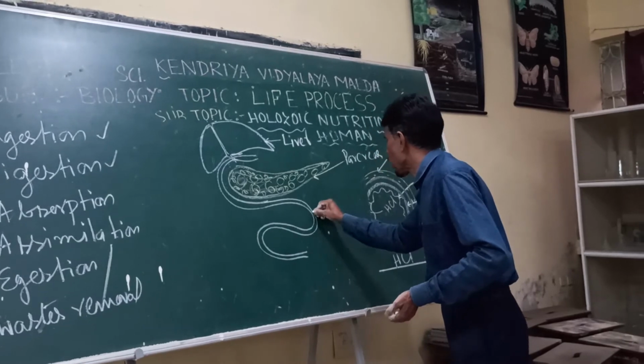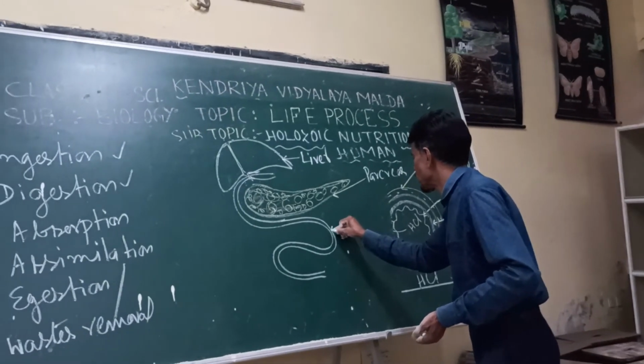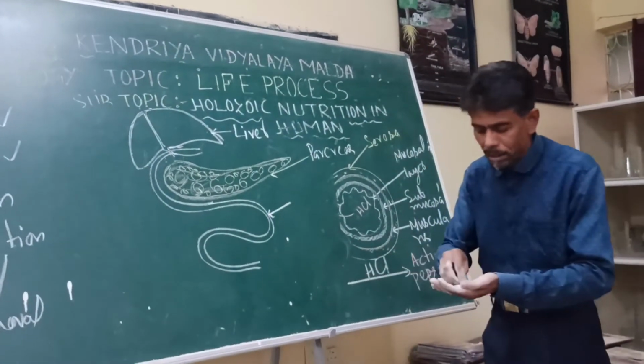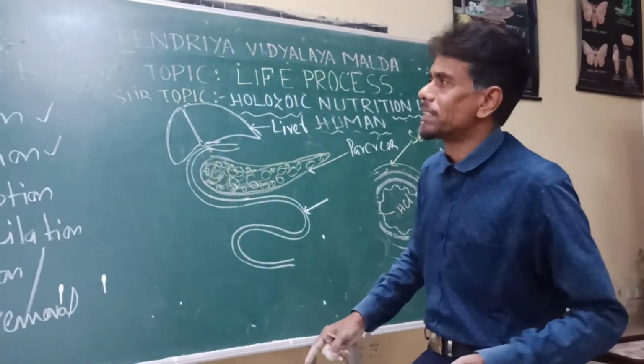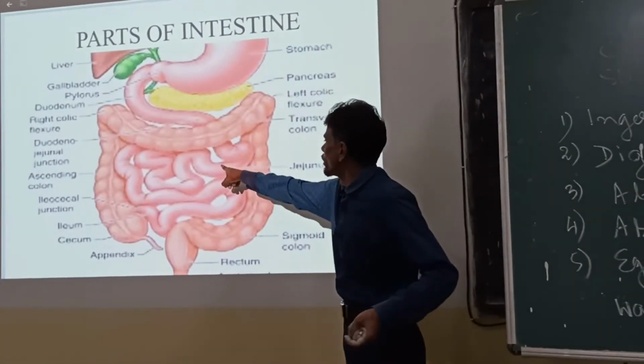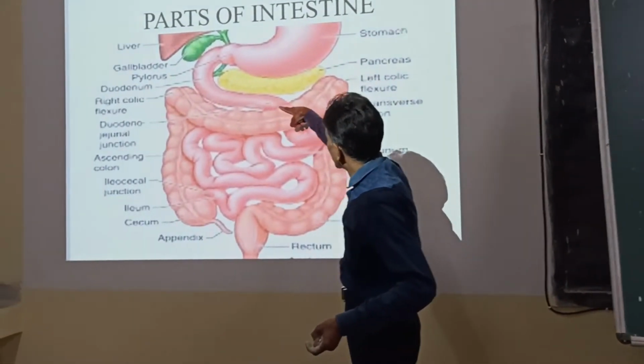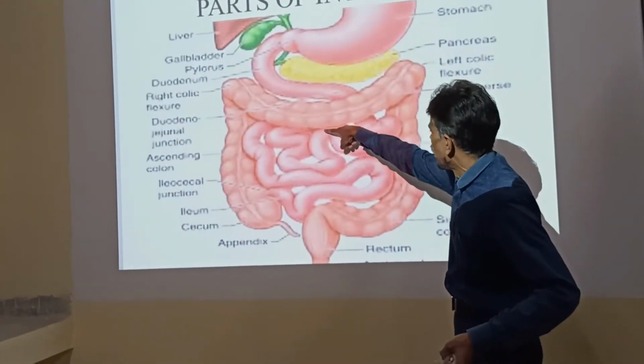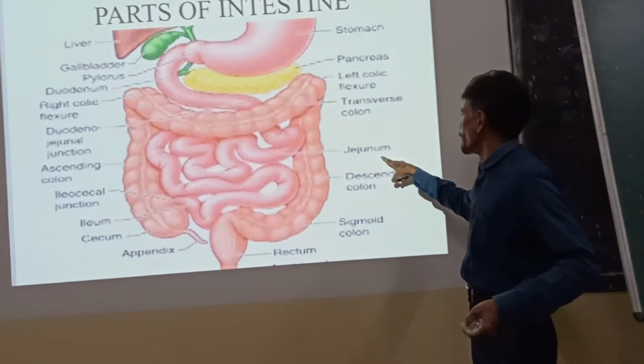This is what we call as jejunum. You can see the diagram here. This is the highly coiled part, this one. From duodenum it is coming. This highly coiled part is jejunum.